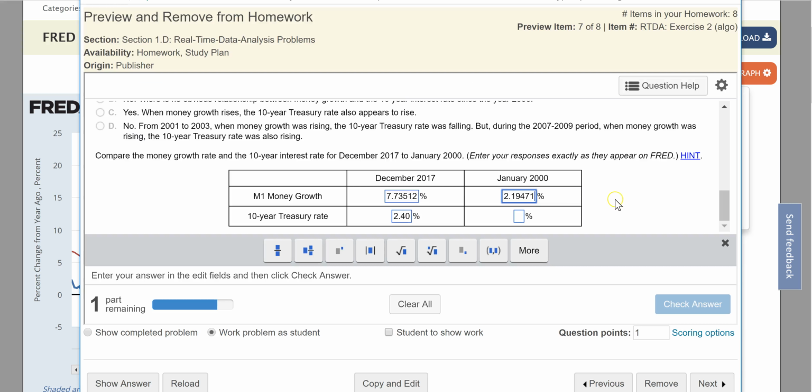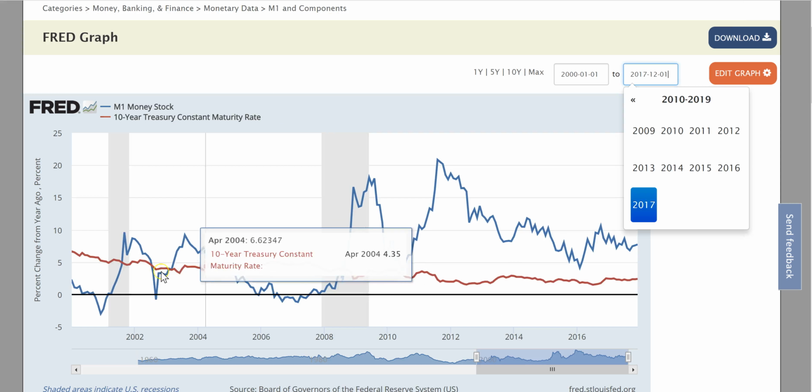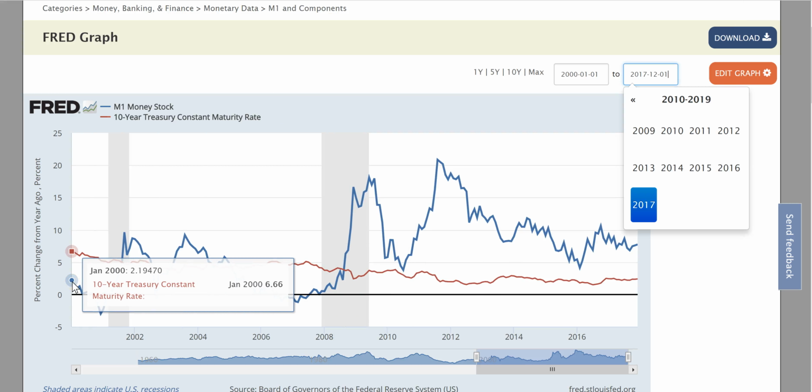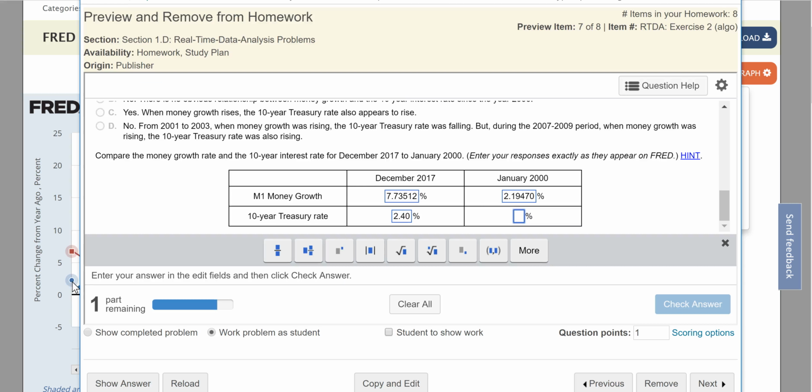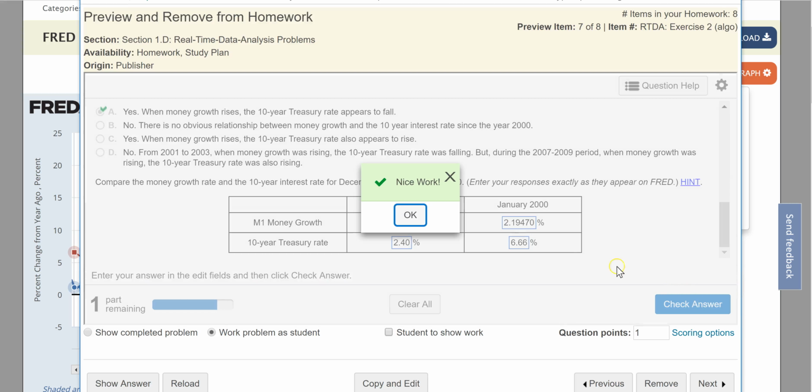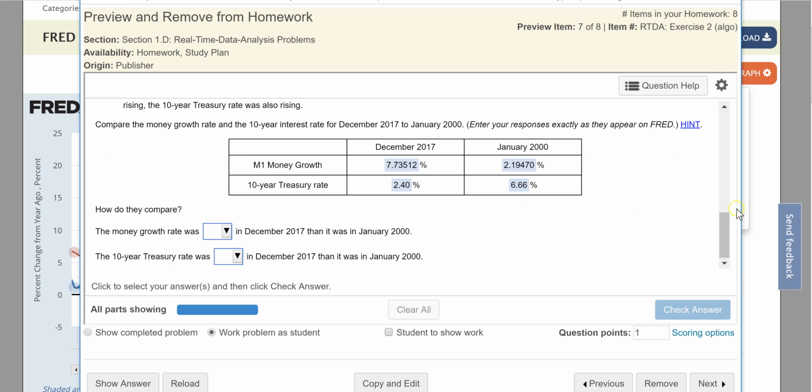And then the second number, the 10-year treasury rate, is 6.66. So 6.66. So now let's check my answer. Nice work.